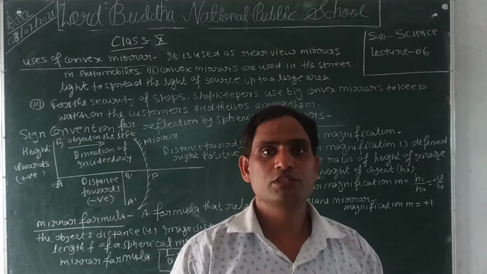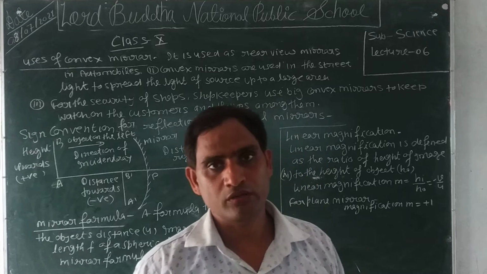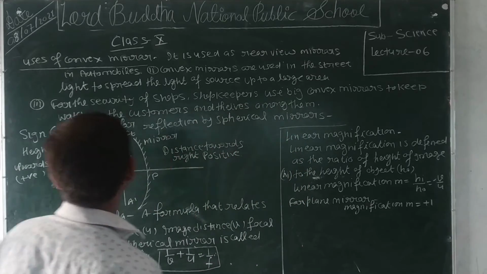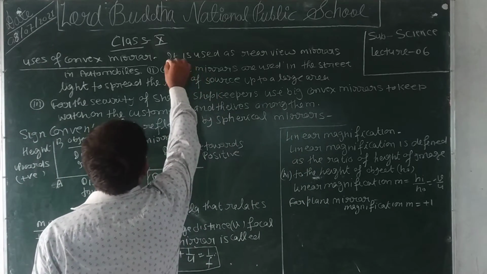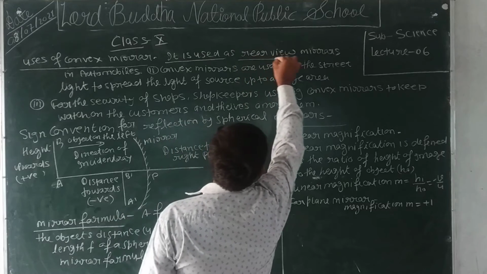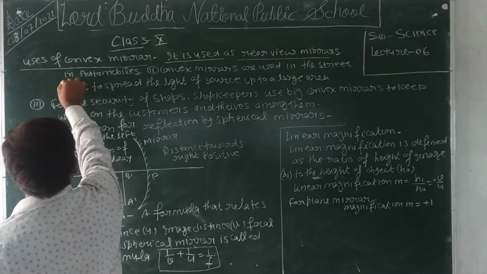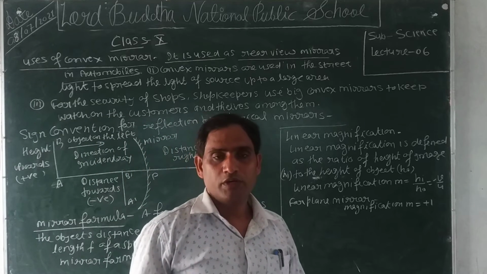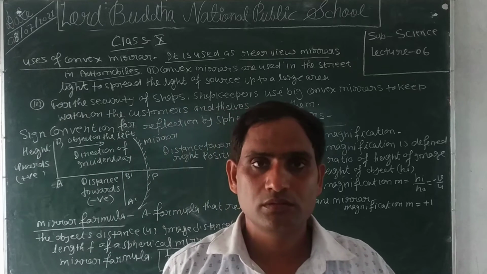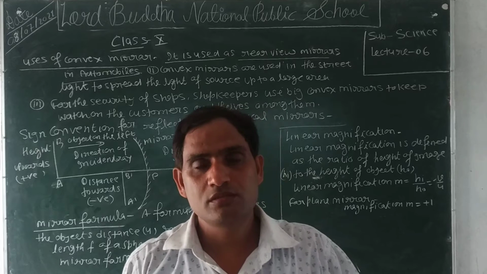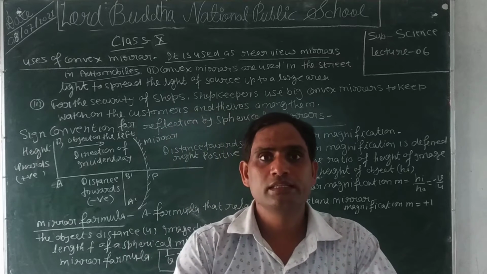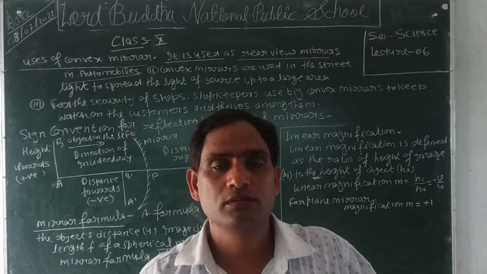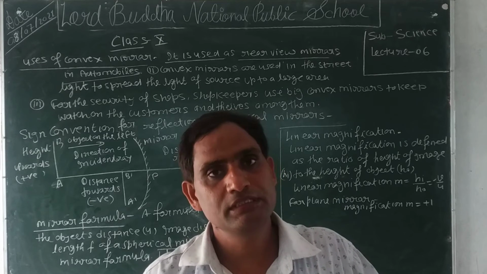Now we see the first use of convex mirror in our daily life. The first one is that convex mirror is used as rear view mirrors in automobiles because it forms a virtual image, and the size of the image is smaller in comparison to the object.